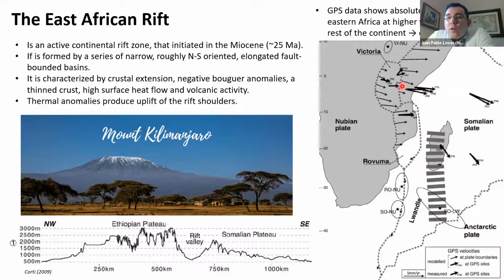The consequence of this absolute differential movement is extension along the eastern branch of the East African Rift. So at present day, there's extension here, there's volcanism, and the Somalian plate is moving to the east or to the southeast faster than the central part of Africa.